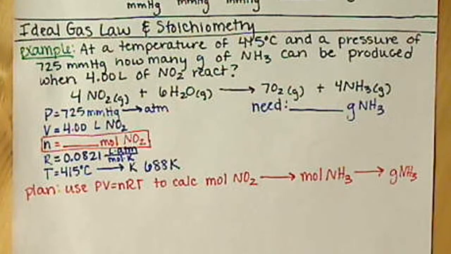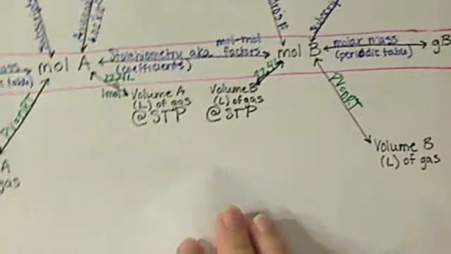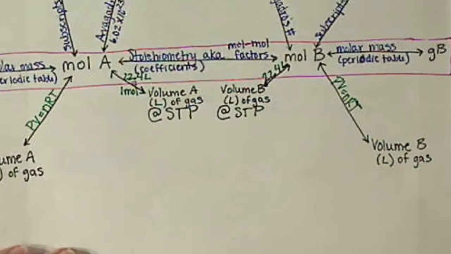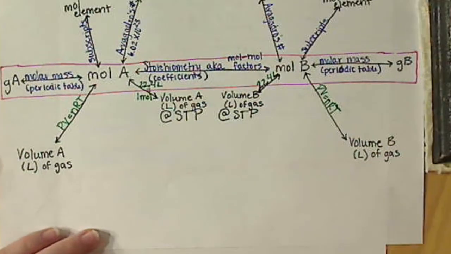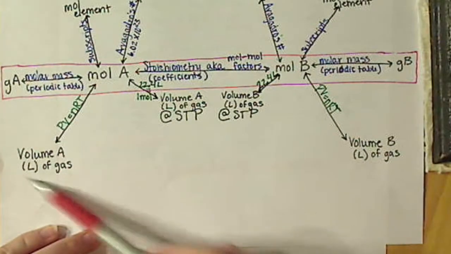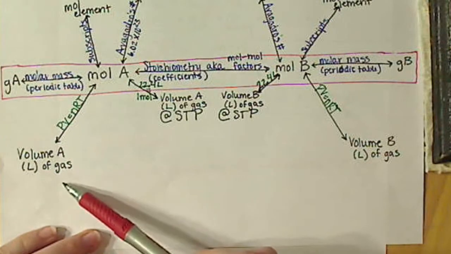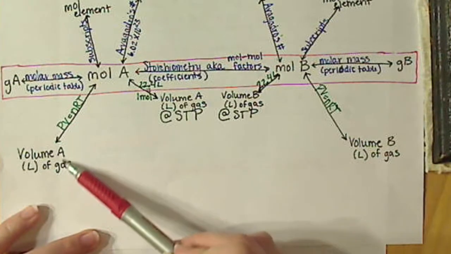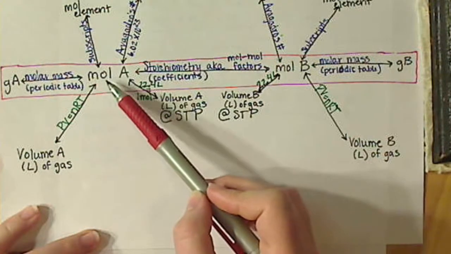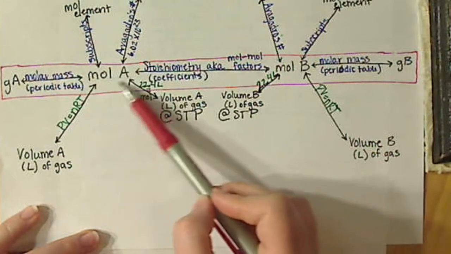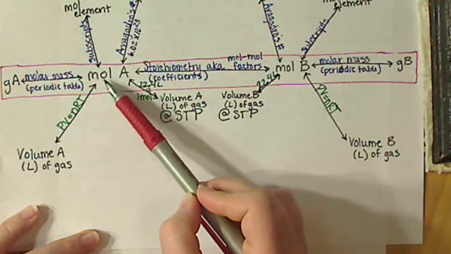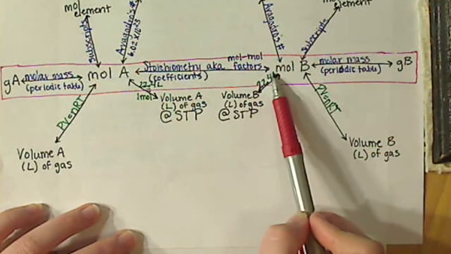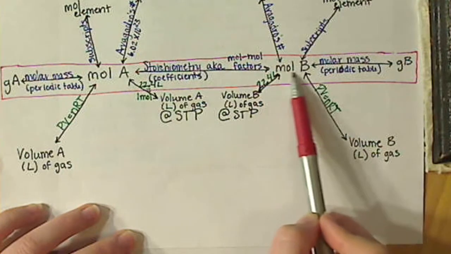So if we look at our mole road here, zoom out a second, we're starting over here. We have a volume of our gas, so this is our volume of NO2. We're going to use PV = nRT to calculate moles of NO2. Then use stoichiometry to go from moles of NO2 to moles of NH3.